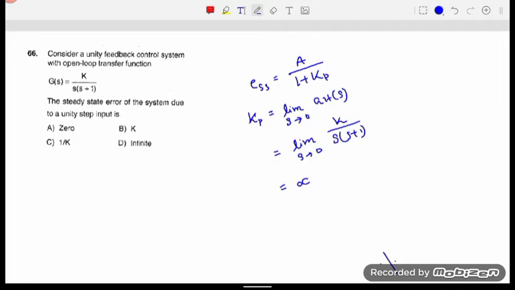Now if we put the value of Kp in equation number 1, it will be A by 1 plus infinity. Ultimately it will give us something by infinity, which is 0. So option E is correct.